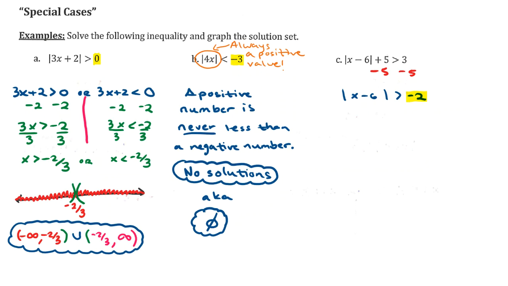I just want to emphasize again that the absolute value, remember, is really the distance away from 0 on a number line, but in practice it always gives to us a positive value. So it's always a positive value.